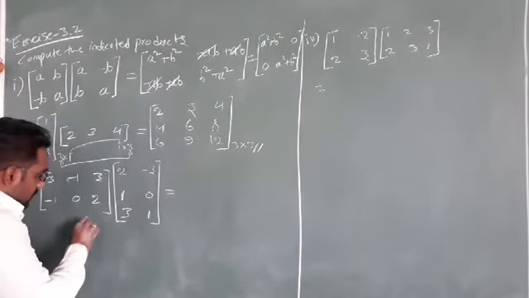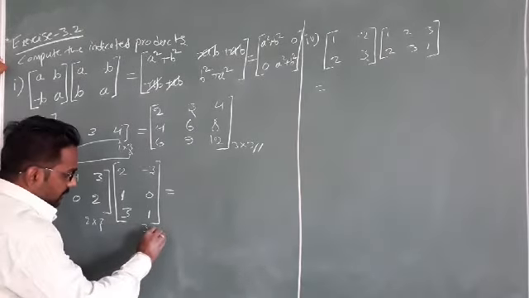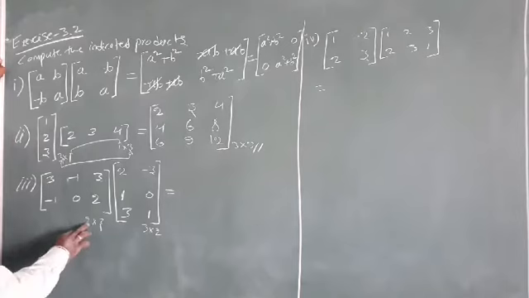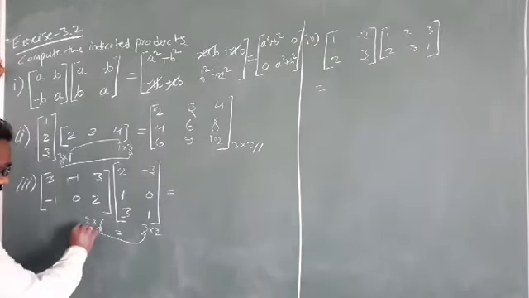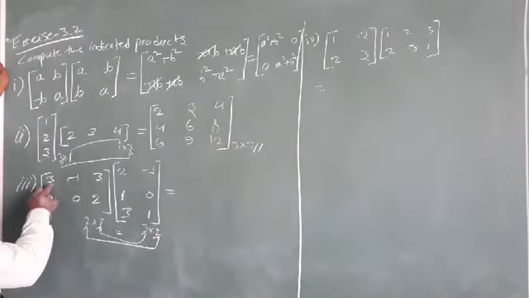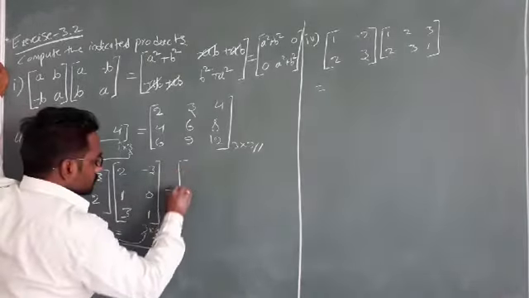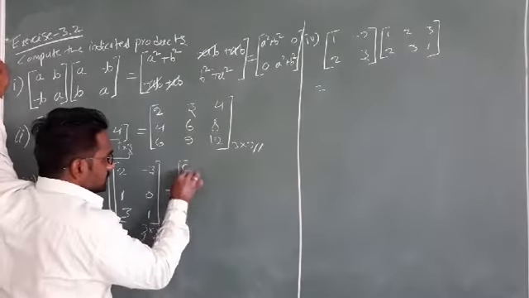Again, it is the 2 by 3 matrix and it is the 3 by 2 matrix. What is the result? Already this and this value are equal, so you obtain a 2 by 2 matrix. Okay, 3 into 2. First row with the first column. 3 into 2, 6.